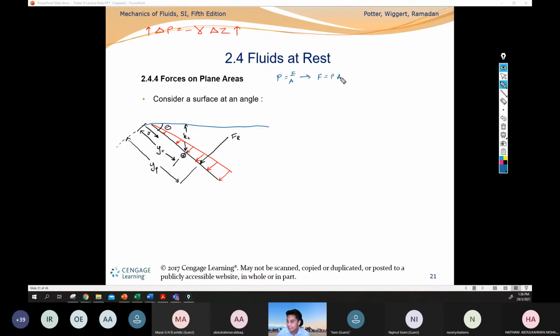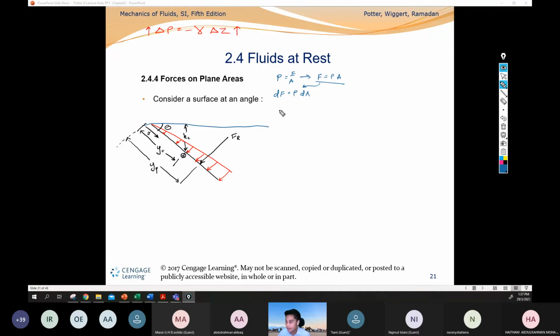Let's say we consider the change of force, dF, with the fixed pressure, times dA. This is considered a differential. That means we consider a very, very small surface area. dF equals pressure times dA, the change of area. This is the differential concept.